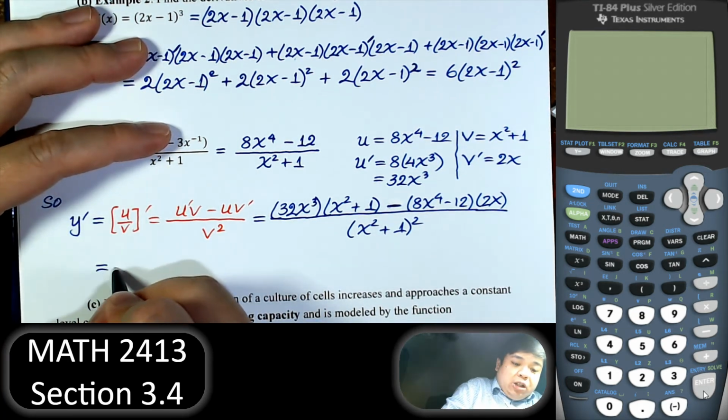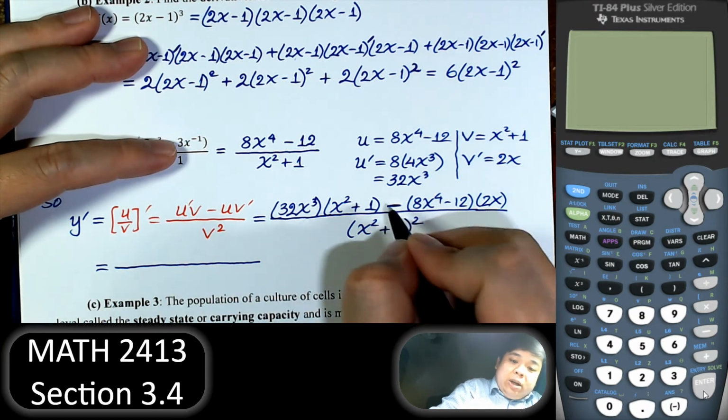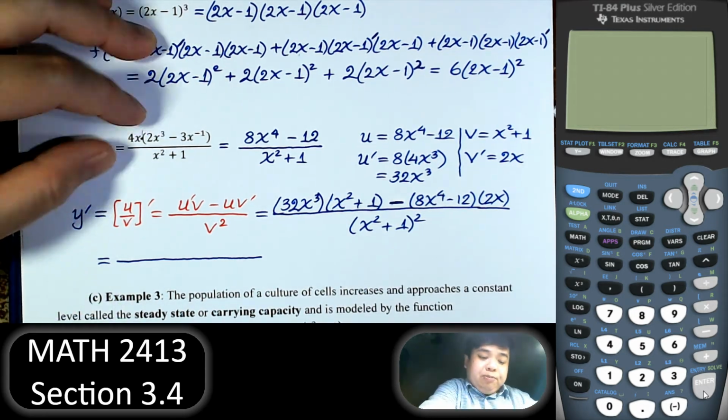Just multiply out the top, combine like terms, and as always, be mindful of that negative sign.